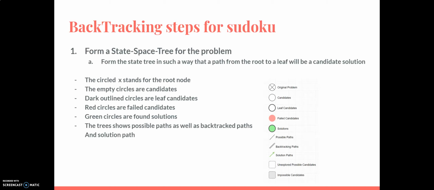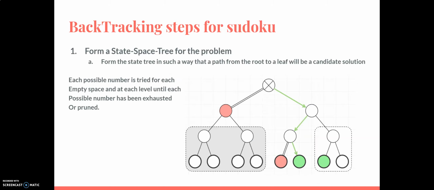So to apply this to Sudoku, we can use this tree. Each possible number is tried for each empty space on the Sudoku puzzle, at each level, until each possible number has been exhausted or pruned.